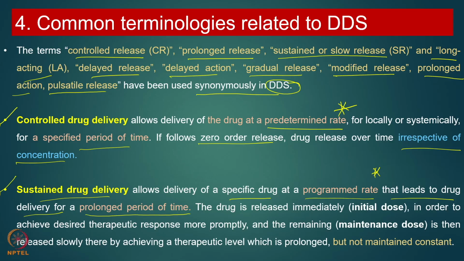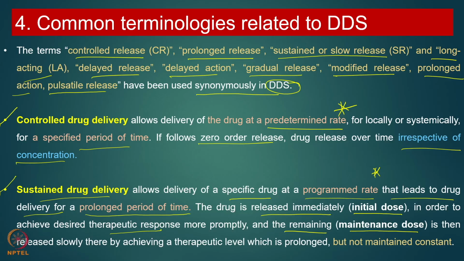So, how does it work? The drug is released immediately, that is the initial dose, which is important for the therapeutic response, and then the remaining maintenance dose is released slowly, thereby achieving a therapeutic level which is prolonged.